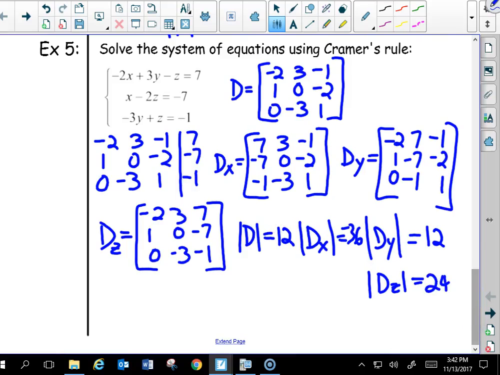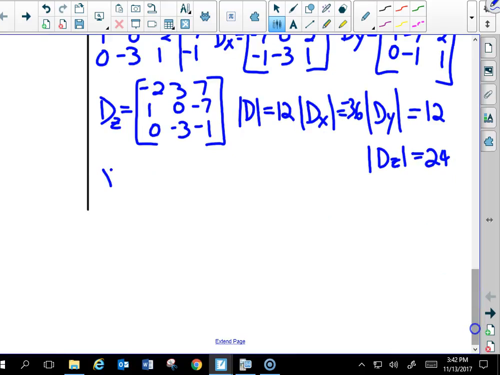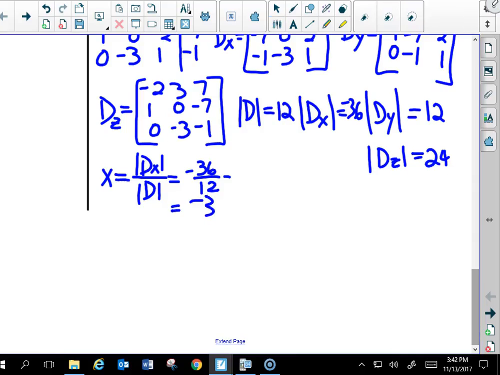Okay, so let's just finish the calculations. X is going to be D sub X over D, the determinant of both of those. So negative 36 over 12 looks like negative 3. Similarly, Y will be D sub Y, which is 12, over the determinant of D, which is also 12.